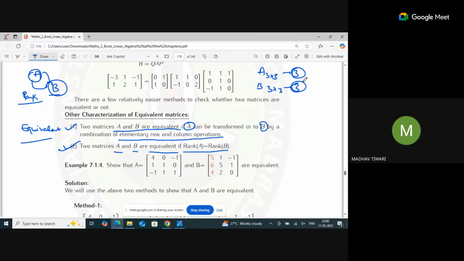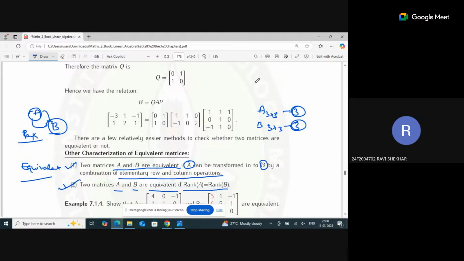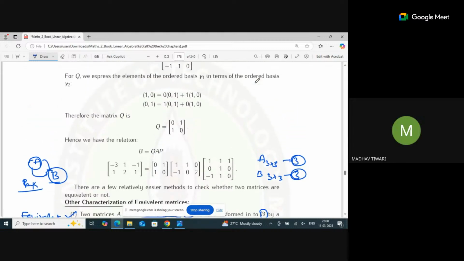It means that I can form B from A. You can think that if you have A and your rank is 3, and you reduce it to reduced row echelon form, it will be an identity matrix. Both will have the same RREF, sir. Yes, and from the identity matrix, you can form B. Got it.